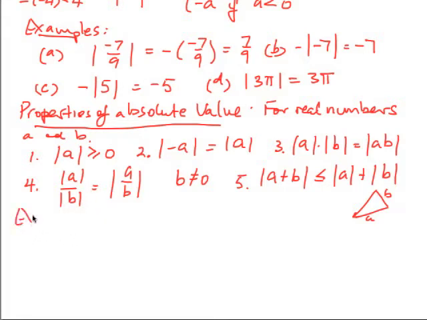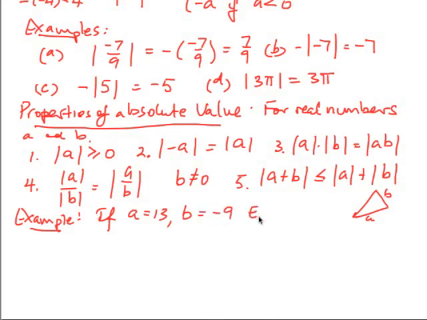So, for example, let's suppose A is equal to 13 and B is equal to -9.